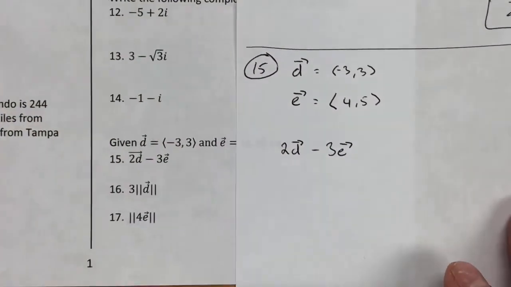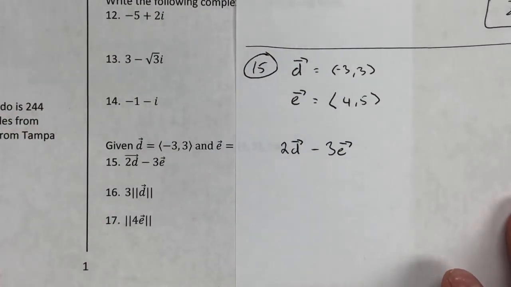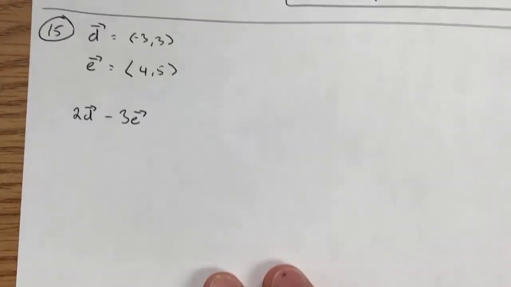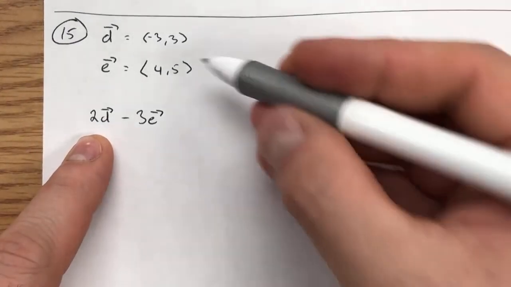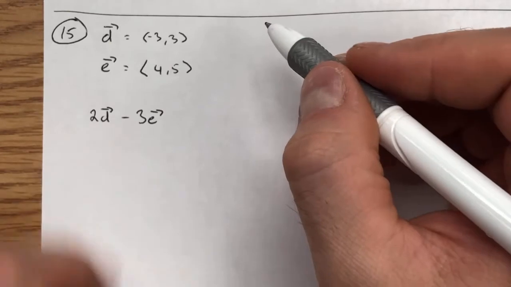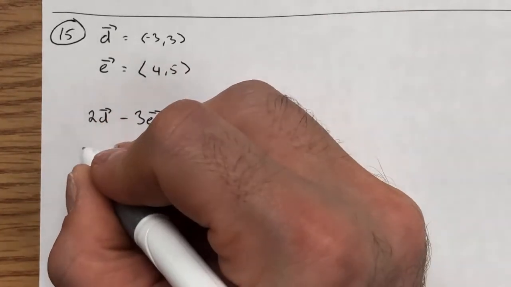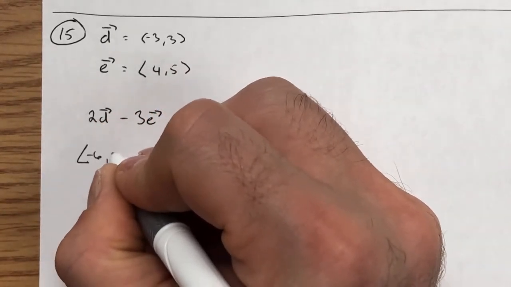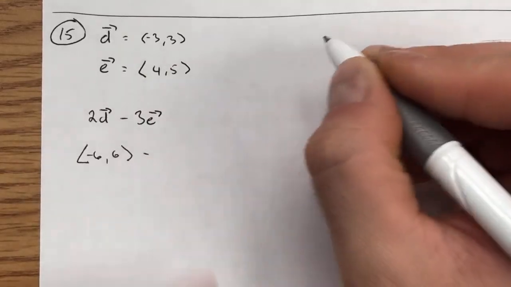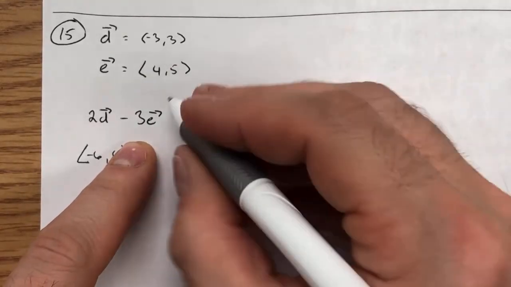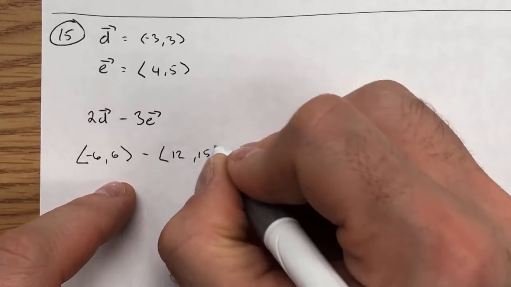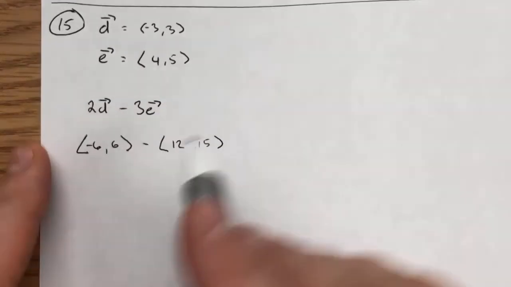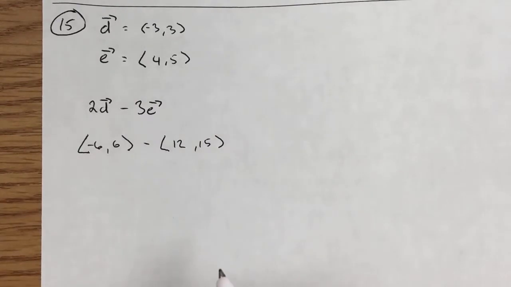So we're just combining these vectors together. First, if I need to figure out what 2 vector D is, I multiply each of these by 2. That gives me negative 6, comma 6. And I'm subtracting 3 of this, so I multiply each of these by 3 and get a 12 and a 15. Subtracting, I'm taking vector 1 and subtracting vector 2.